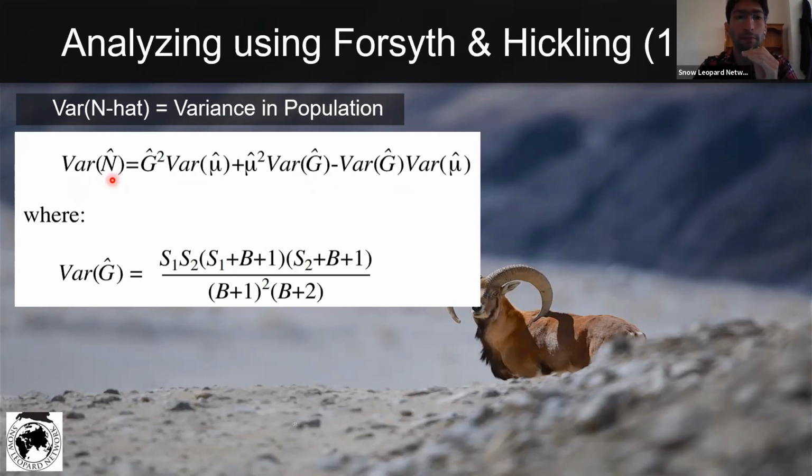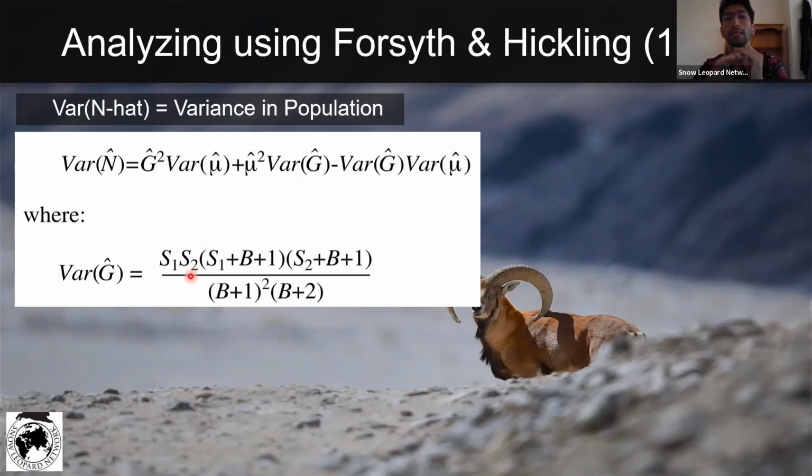Basically, variation in the population is going to be a function of the group size, the variation in the mean group size, and similar other factors. But basically, what you're using is the data you have, and to arrive at variation in group size, as you can see as the input here, there is this function where you're again using the number of groups seen by both observers and the number of groups seen only by observer 1 and observer 2.